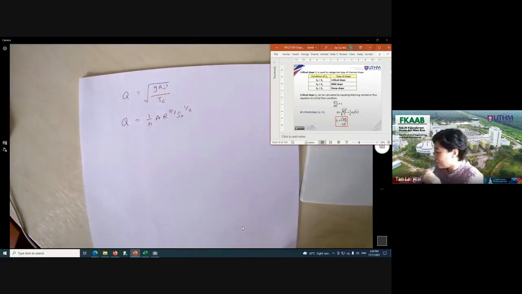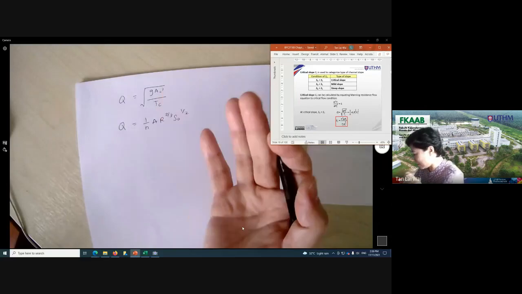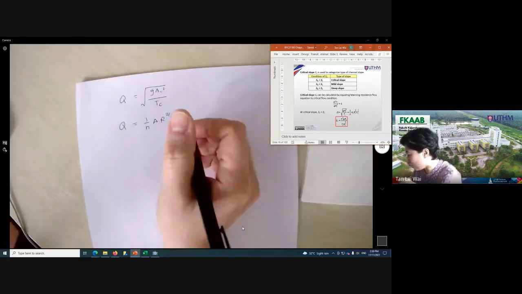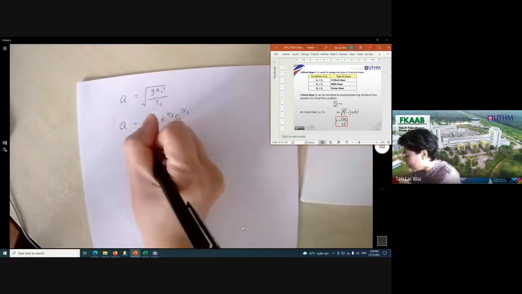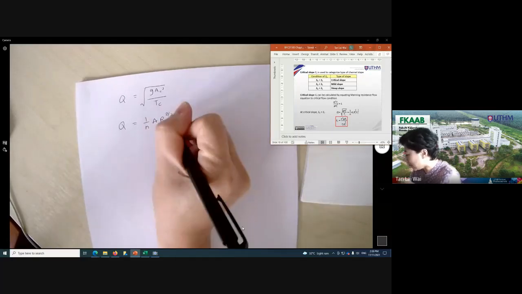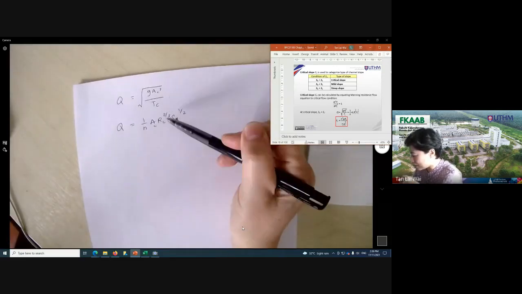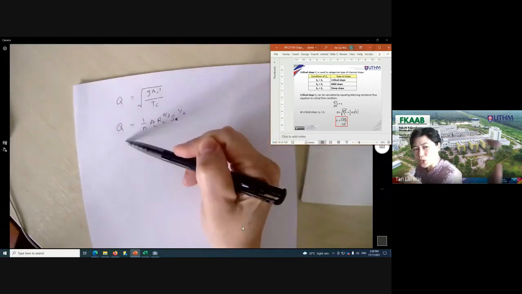If it's in critical condition and under uniform flow as well, this would change to critical state. So I have that. Now what I did here, I equate this, since both are Q.